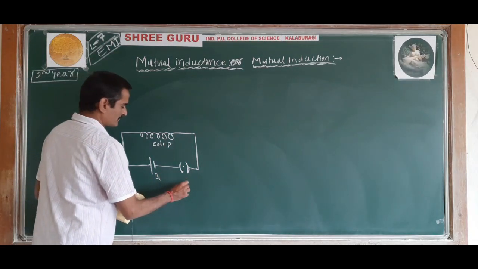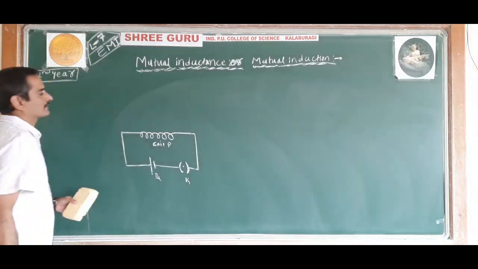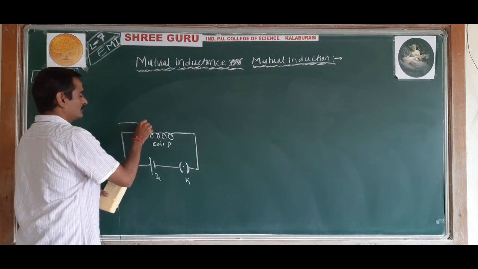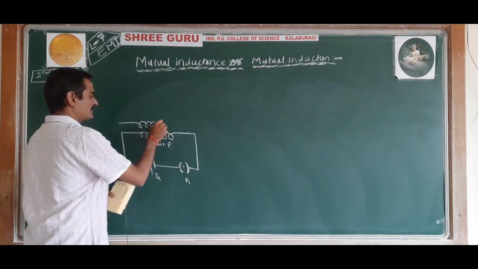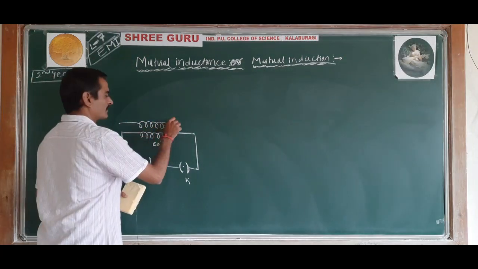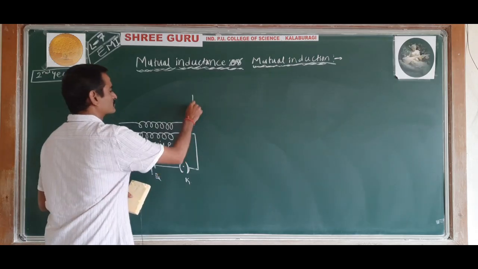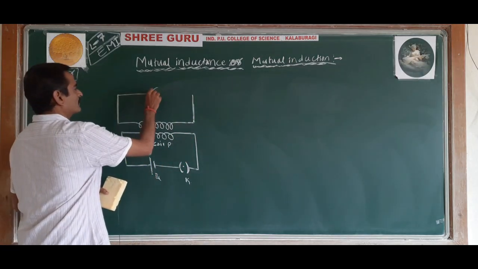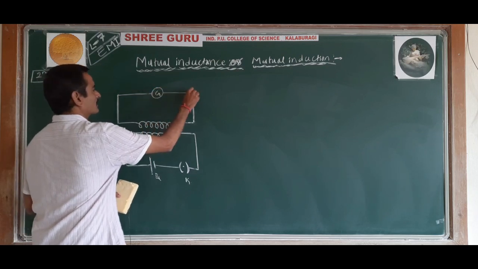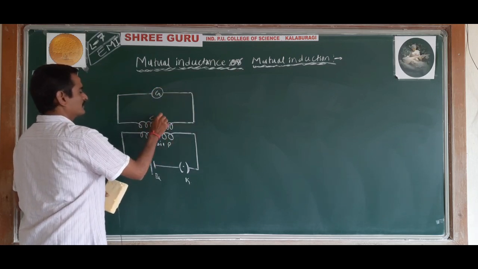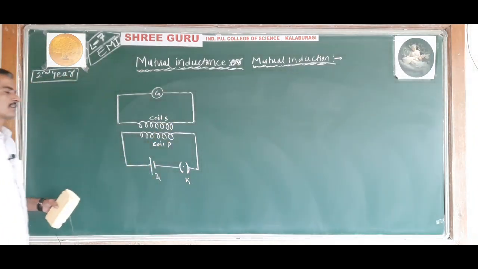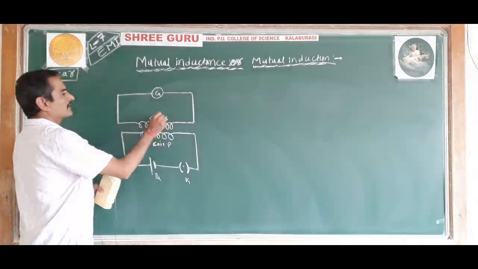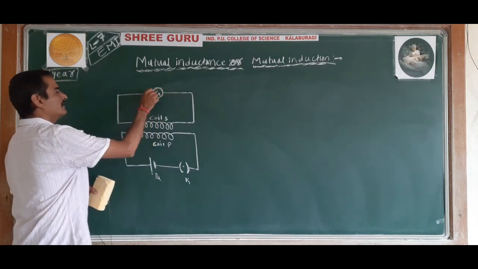Now consider another coil S, very close to P, and this coil S is connected with a galvanometer. The coil P is connected with a battery and plug key, whereas coil S is connected with a galvanometer.